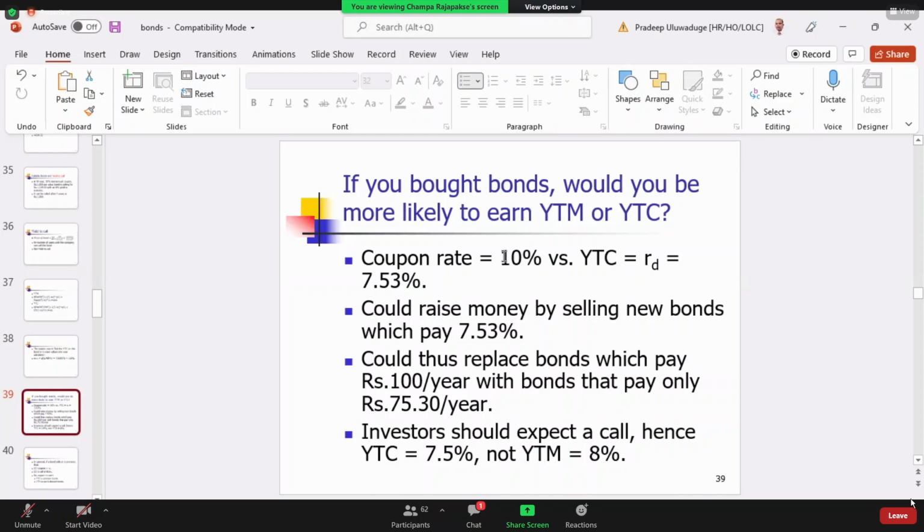So the company pays money by selling new bonds, which pay 7.53. If the call price is 1,053, the rate is 7.53. It implies that if you issue bonds, you can earn that rate 7.53, whereas you are paying 10% now.